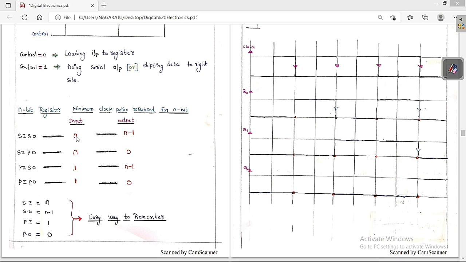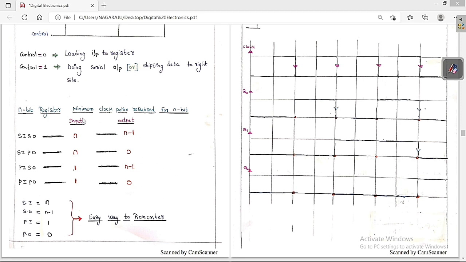So listen carefully. N clock pulses are required to transfer n-bit data through serial input, and n minus 1 clock pulses to take out the data serially. N clock pulses to send the data through serial input, and 0 clock pulses to take the data by parallel output. 1 clock pulse to feed the data through parallel input, and n minus 1 clock pulses to take the data serially. 1 clock pulse to feed the n-bit data through parallel input, and 0 clock pulses to take the n-bit data in parallel output.